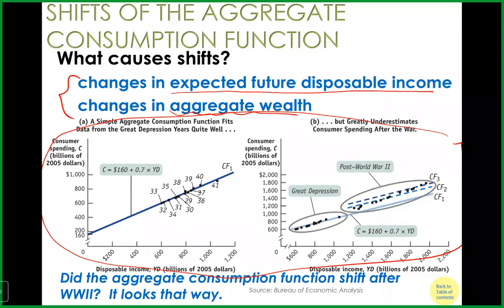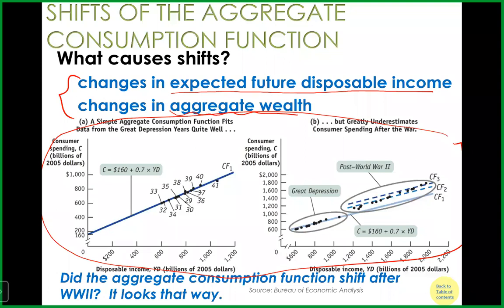Does that make sense? On the other hand, if there's a collapse in the housing market or the stock market, your wealth is going to decrease. You don't want to spend. Right? So these are the factors that cause a shift in the aggregate consumption.